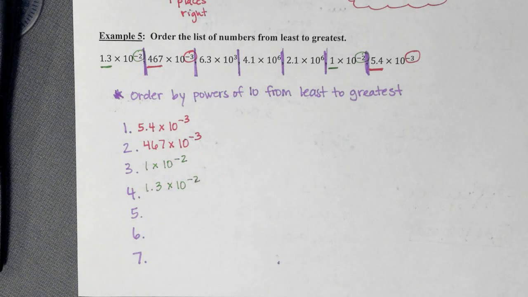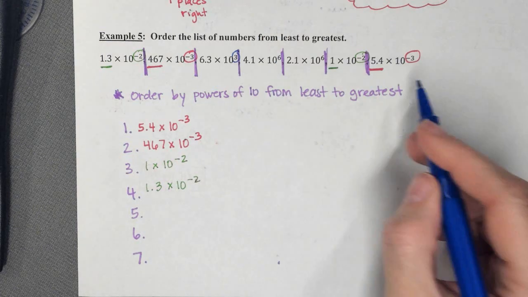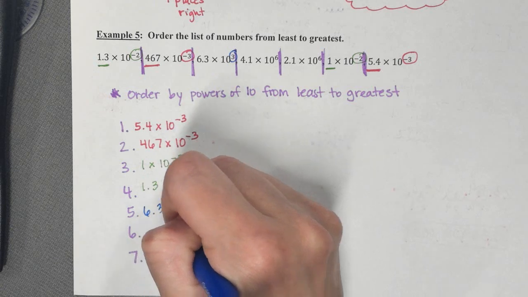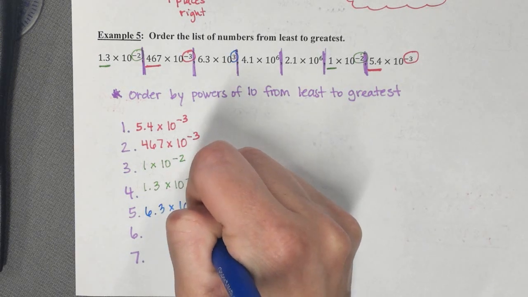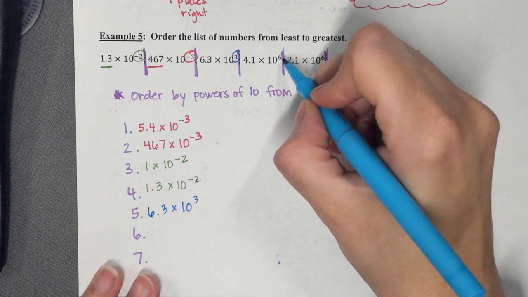What's the next highest exponent? Yeah, you have the 3 there. And then are there any other ones with 3? Nope. So 6.3 times 10 to the 3rd. And then the last two have the 6, right?